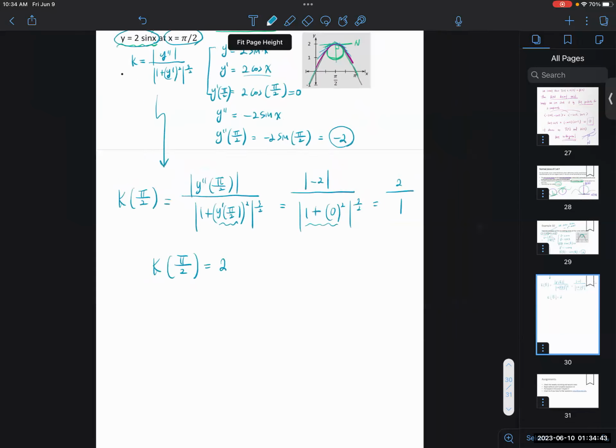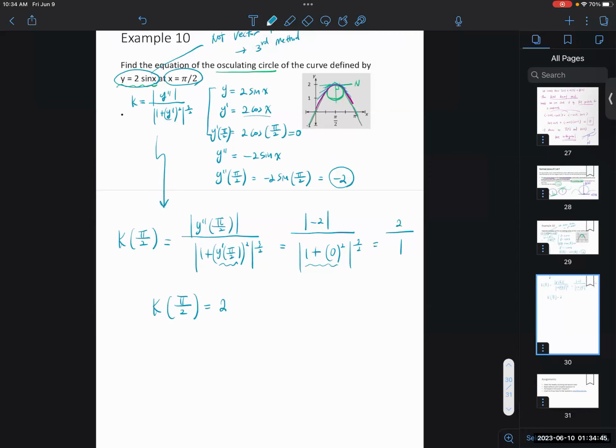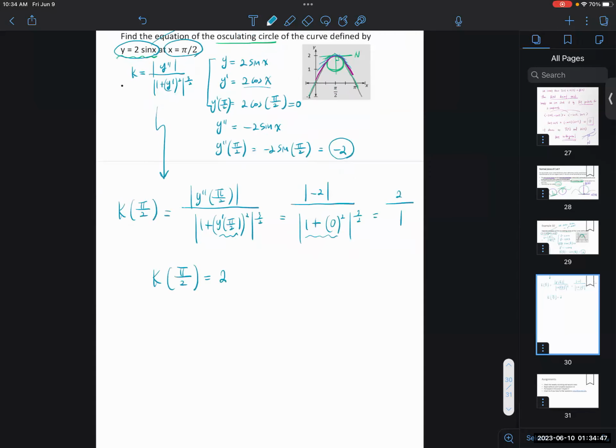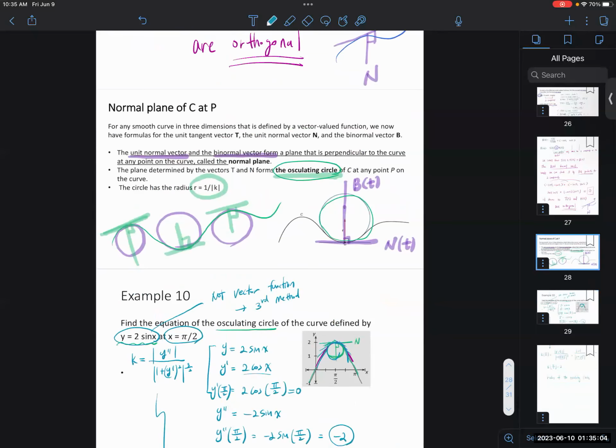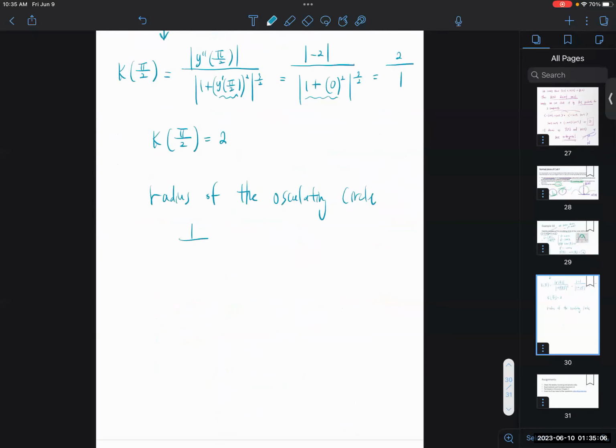So I want to find the equation, right? We can also find the radius of the osculating circle, the circle inside, under the curve. The radius, if you remember the formula, is 1 over k, which is 1 over 2.